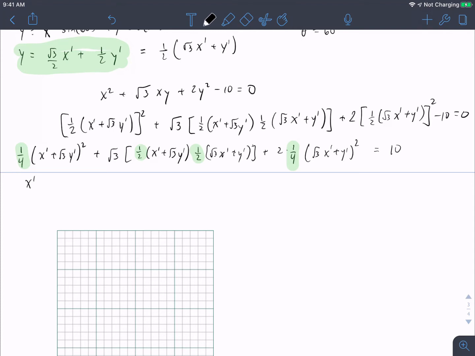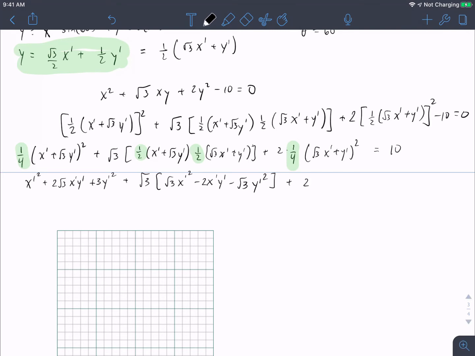So I'm going to get x' squared plus 2 radical 3 x' y' plus 3 y' squared, plus radical 3 times (radical 3 x' squared minus 2x'y' minus radical 3 y' squared). All of that right there is being multiplied by that radical 3.